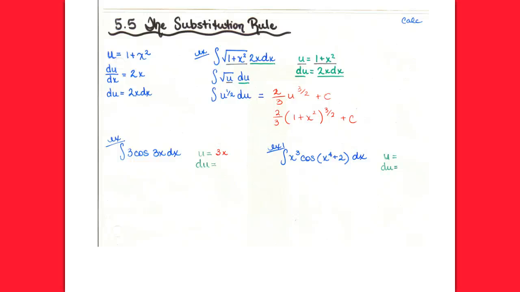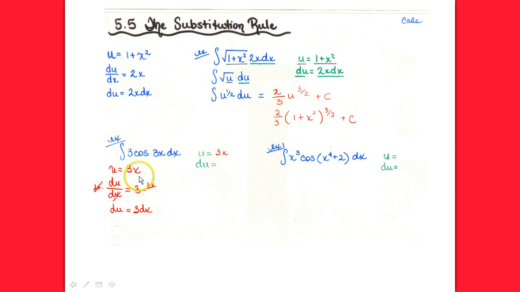Now, if I'm going to replace this x with a u, then I have to replace every x with a u. So that means I'm going to have to replace dx with du. I need to find the differential du. To find the differential, if u is equal to 3x, then the derivative of u in terms of x is 3.